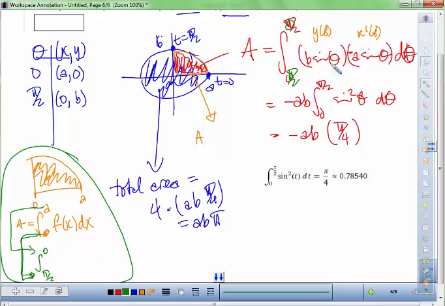Does that make sense? Yeah, your limits of integration should be based on your x values. And then the bottom line is, if it's an area, you should have a positive value. So if you got a negative number, chances are there's a small error like that that would make it positive.